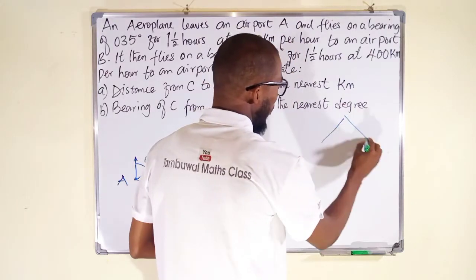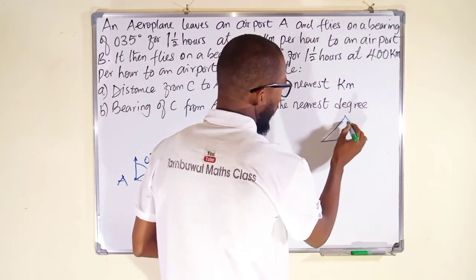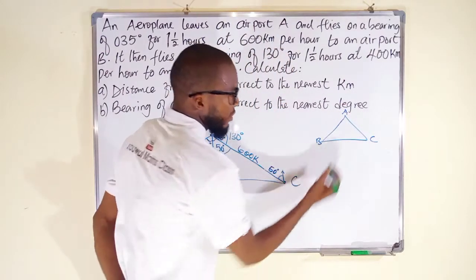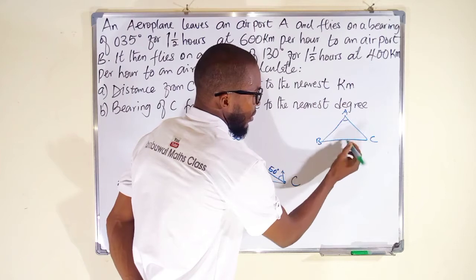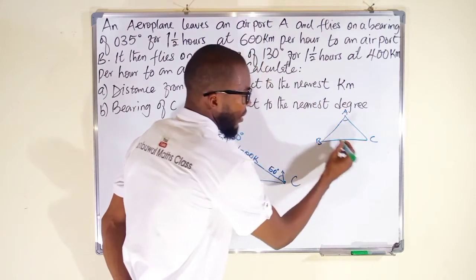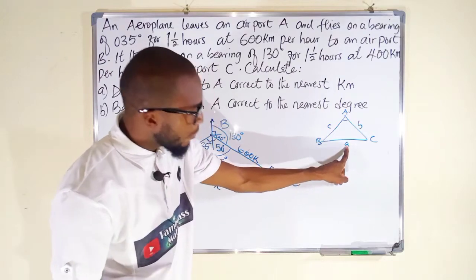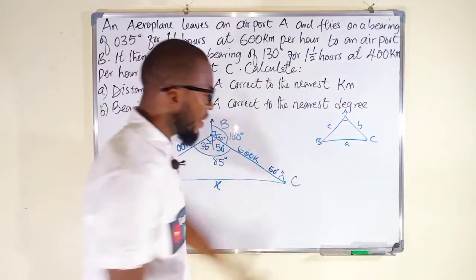If you have a triangle like this, maybe this is A, this is B, and this is C. This side length is called a, this is c, this is b. So first you are looking for this side length a.